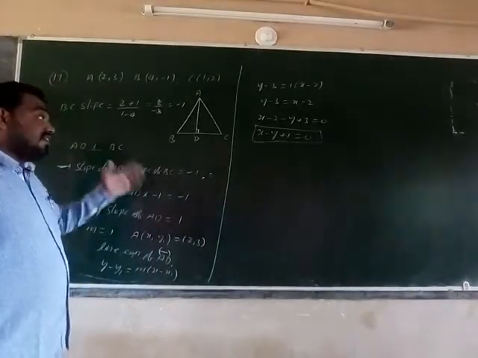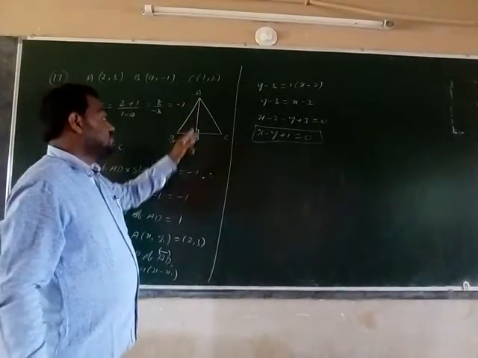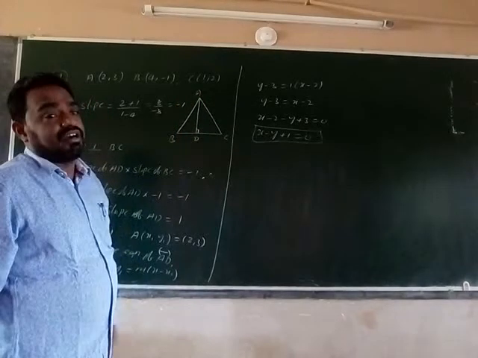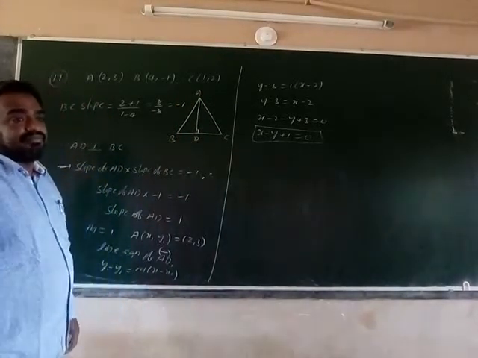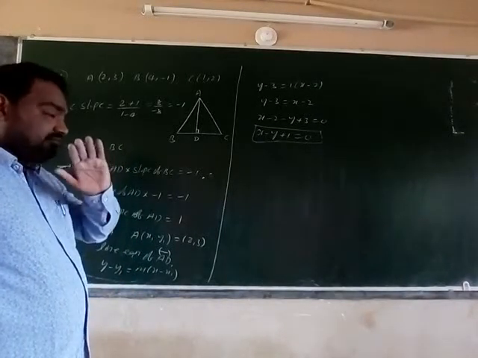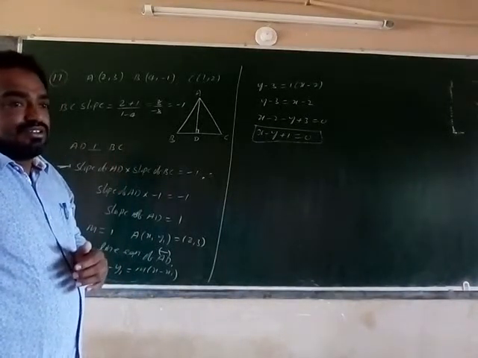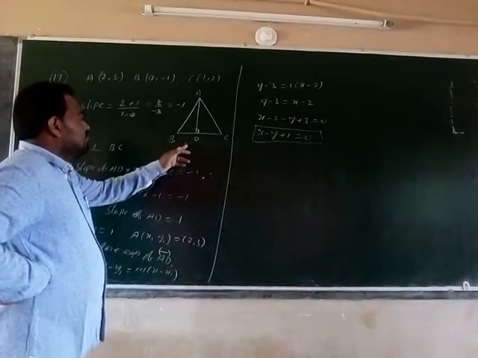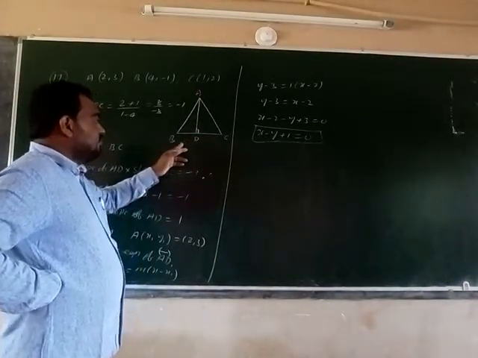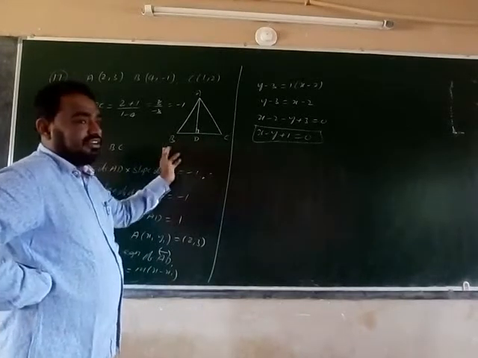Next, what we need to find is the AD length. How are we finding the AD length? Here there are two concepts. We know the AD equation. Next, you find the BC equation.